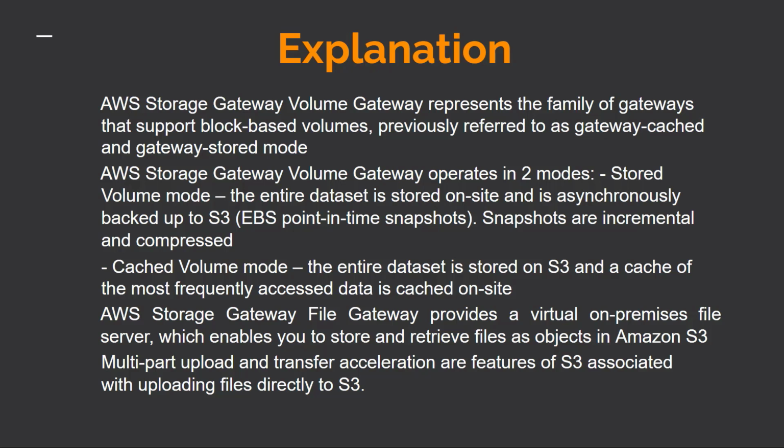Cached Volume Mode: the entire dataset is stored on S3 and a cache of the most frequently accessed data is cached on-site. AWS Storage Gateway File Gateway provides a virtual on-premises file server, which enables you to store and retrieve files as objects in Amazon S3. Multipart Upload and Transfer Acceleration are features of S3 associated with uploading files directly to S3.